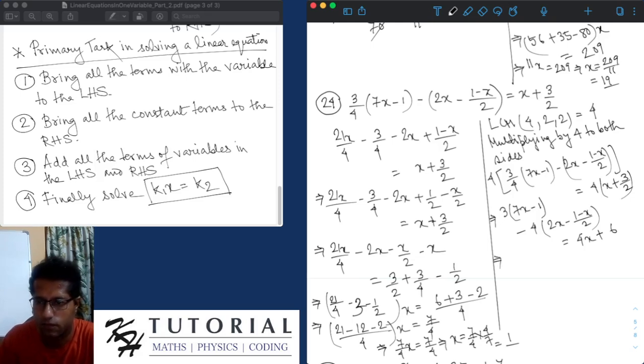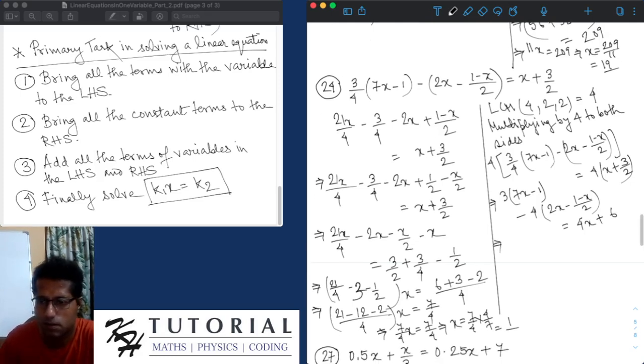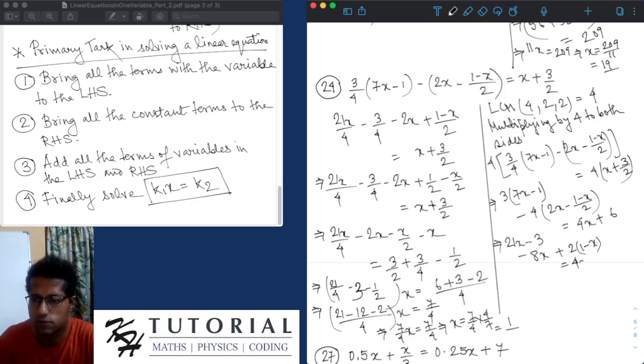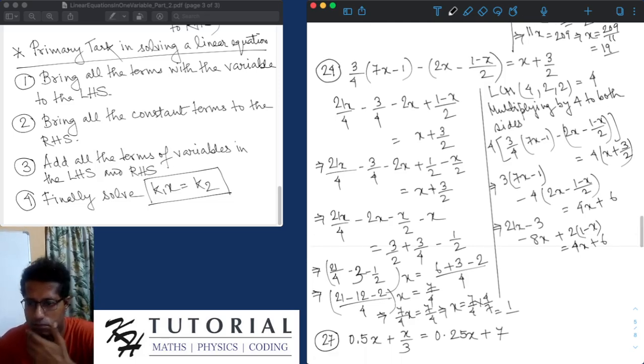Now we have to simplify further the LHS. It is 21x minus 3, and we have minus 8x plus 4 into, not 4, 2 into 1 minus x equals 4x plus 6. In this method, we have to do the product of algebraic expressions very carefully.